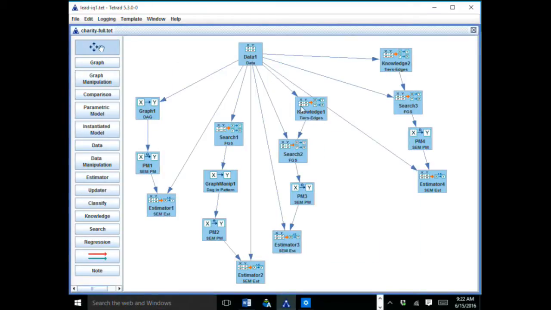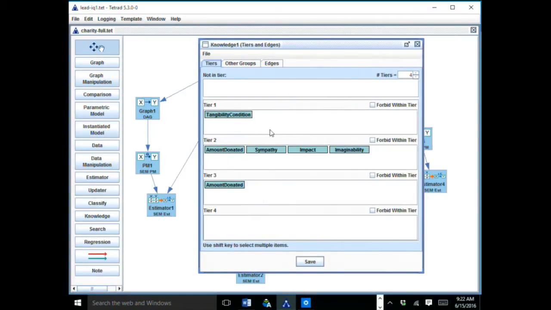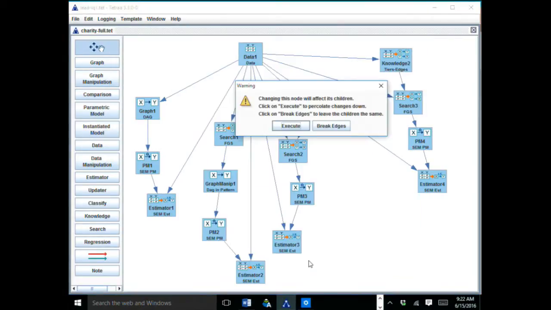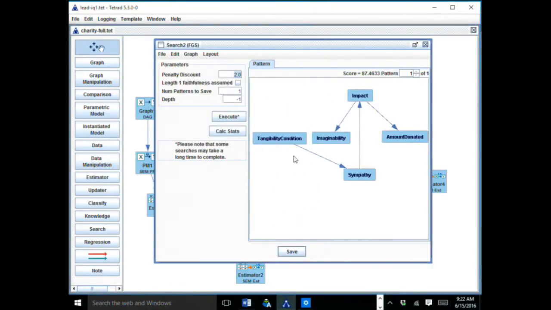And then we did a search with nothing. I won't go into that. In this one we have three tiers. We have the tangibility condition in tier 1, which represents that it's exogenous because it was experimentally manipulated and randomized. Then we have all these in tier 2, and this one in tier 3, and there's a bug here too. I don't know why that is.